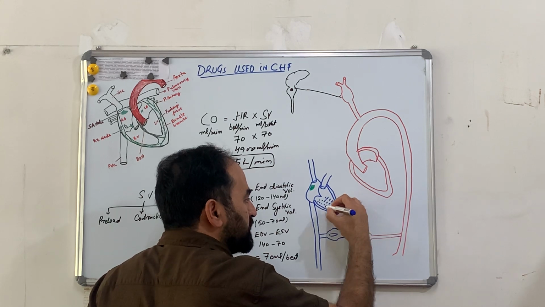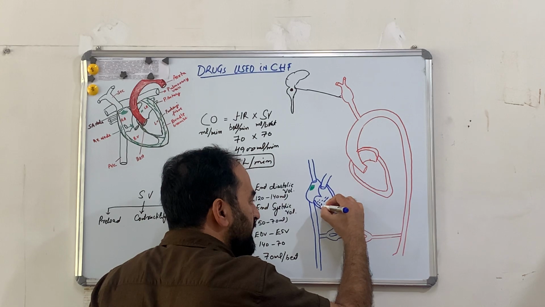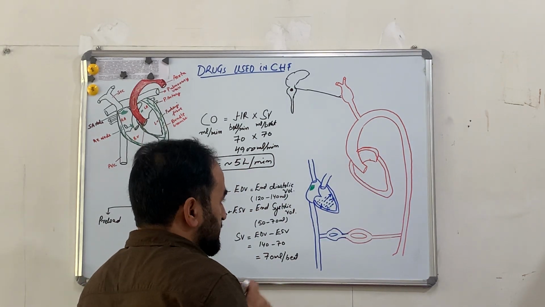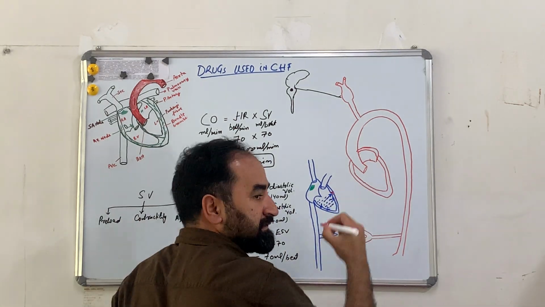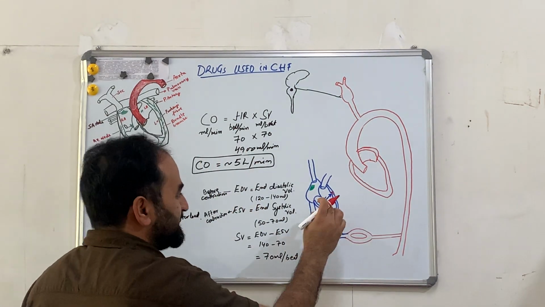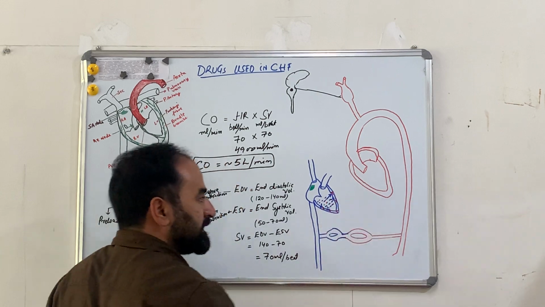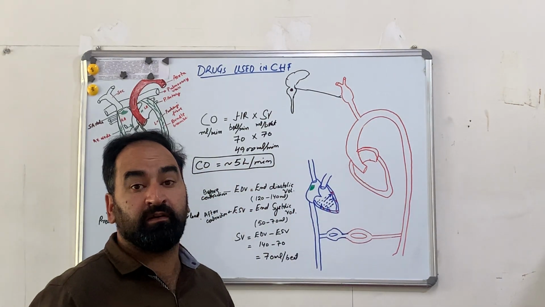This end diastolic volume creates a stretch on the myocardium. This stretch develops tension, and this tension is responsible for the development of pressure.